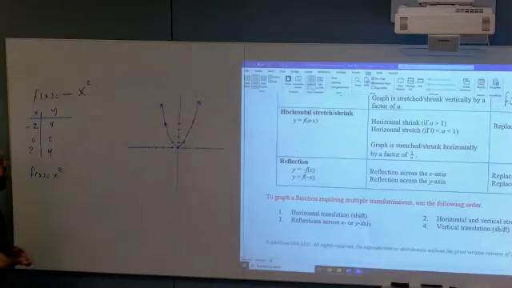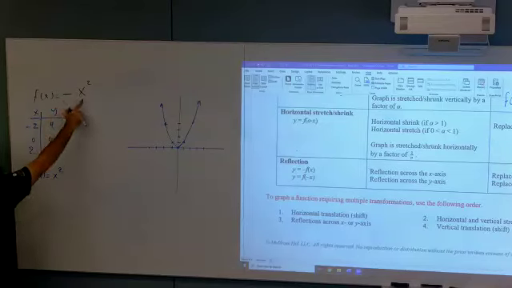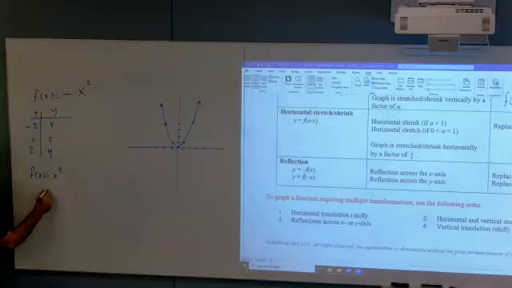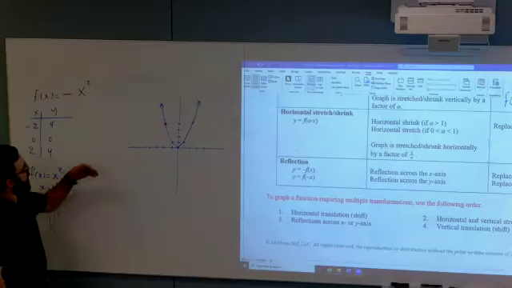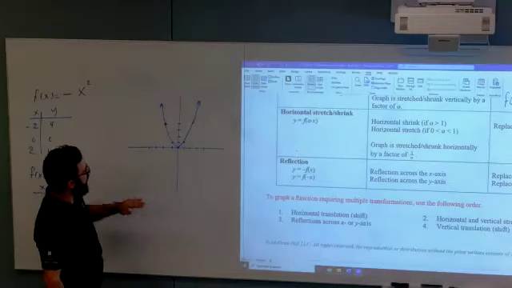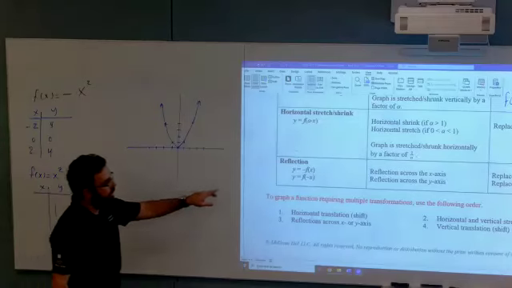Okay. Now let's do the reflection. Negative sign outside the basic function. So the new point changes what? Change the x or the y? The x. The x is what? Negative. I have to change it to what? This one should go down. So go back to the table.